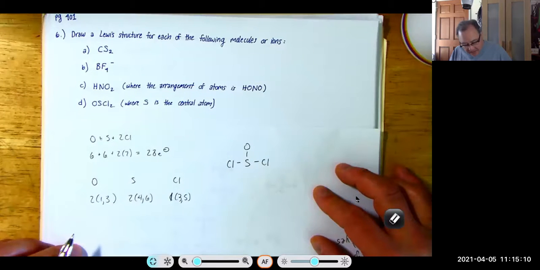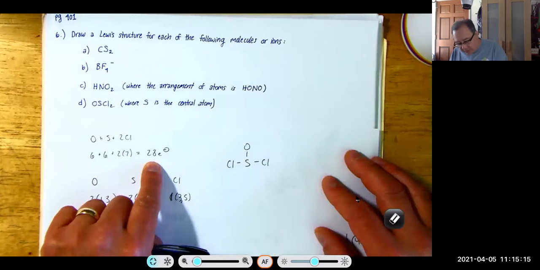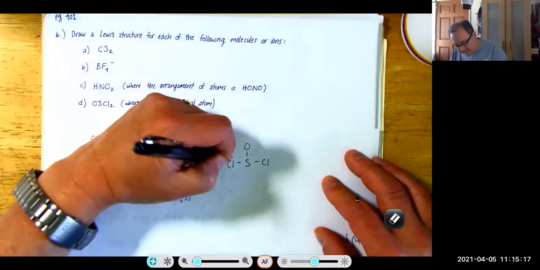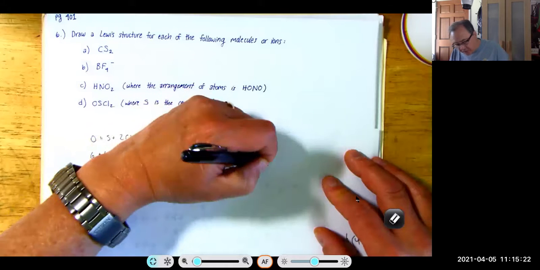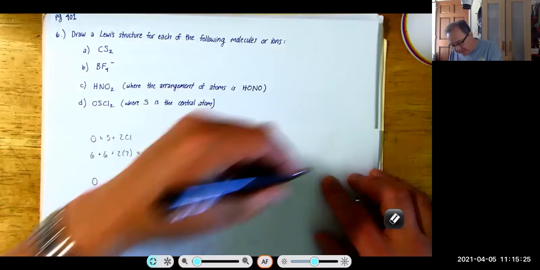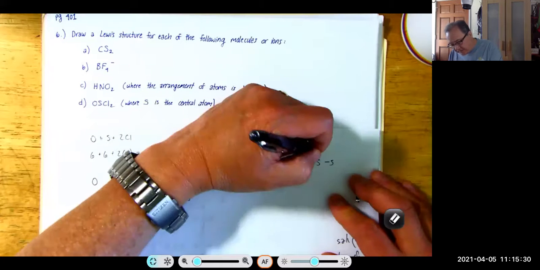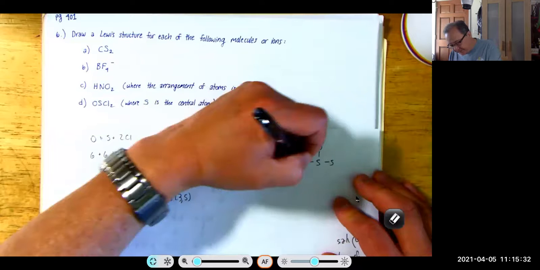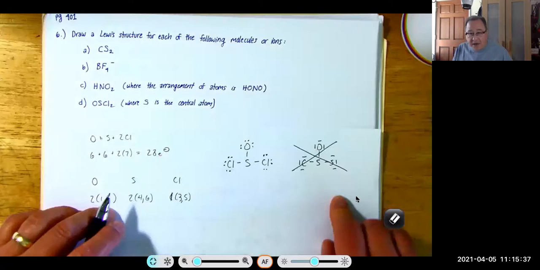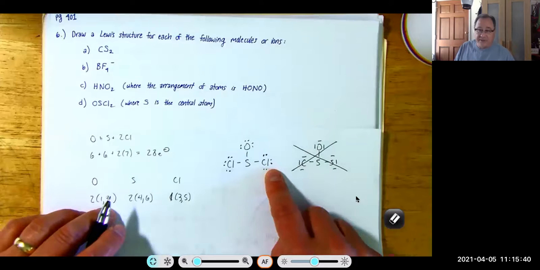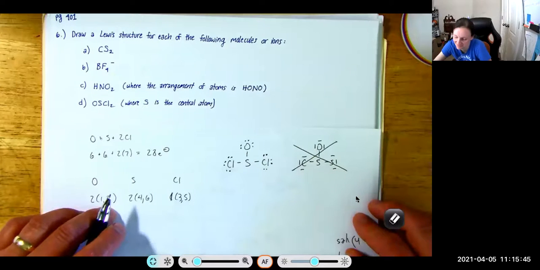Now we have 28 electrons and we've only used 6. So we put octets around here, and to get the octets, you put the electrons in as lone pairs. Hopefully, if anyone does watch this, they know never do this. If they're non-bonding electrons, I want to see 2 dots. I don't want to see what looks like a bond on the side of the atom.